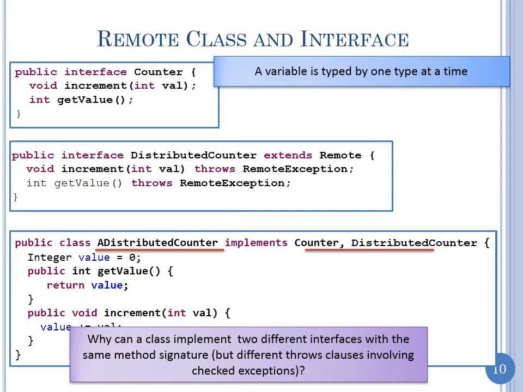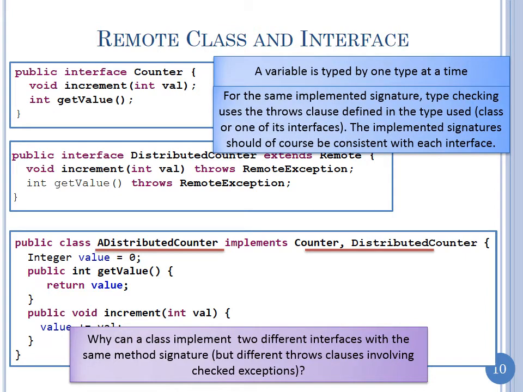Well, a variable is typed by one type at a time. So it's either typed by the class or by one of the interfaces. If it's typed by the class, it knows which headers to look at. If it's typed by one interface, it looks at the headers of that interface and uses them for type checking.